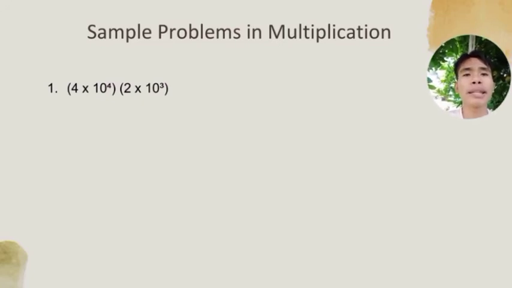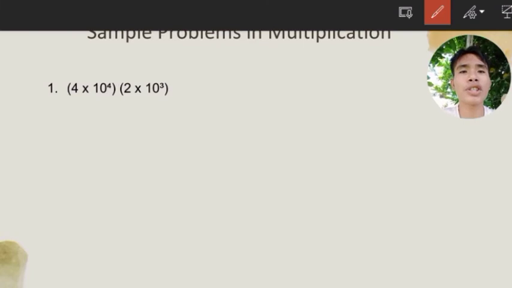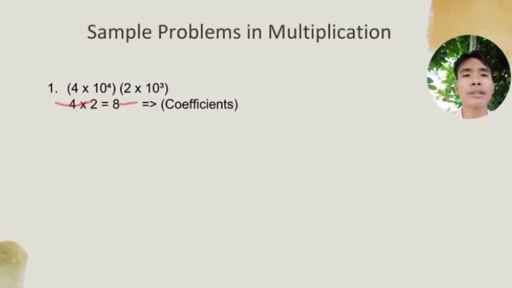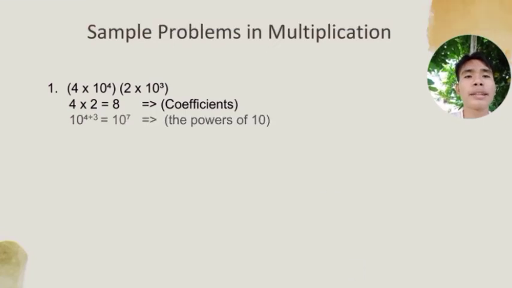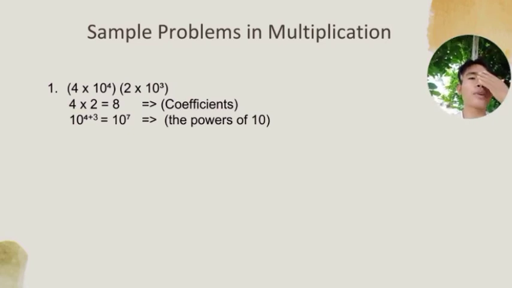So we'll multiply the coefficients 4 and 2. Then you have the answer, 4 times 2 equals 8, which is the coefficient, right? Next is the exponent. 10 to the power of 4 plus 3 equals 10 to the power of 7. So that is the power of 10.